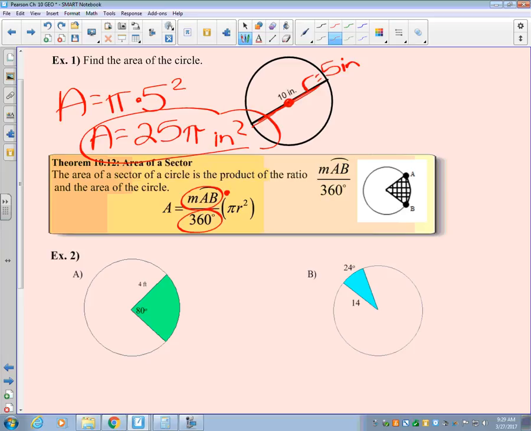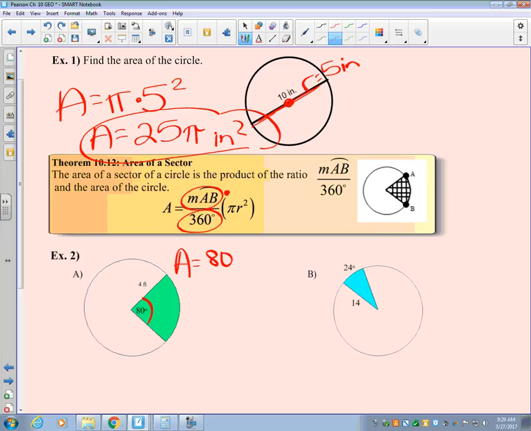So just like we were doing little pieces of the circumference last week, this is the same concept. We're just going to find the arc length of our sector, and remember that's the same as the measure of the central angle. So if it tells you 80, that is the number we use for the formula.